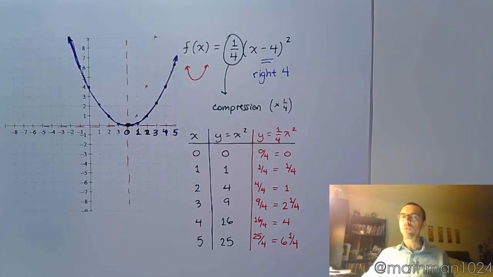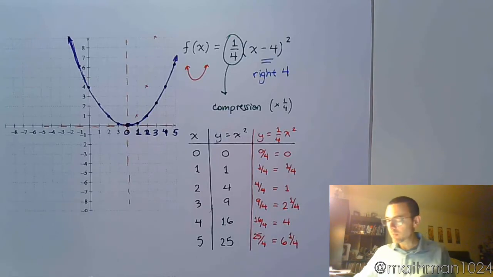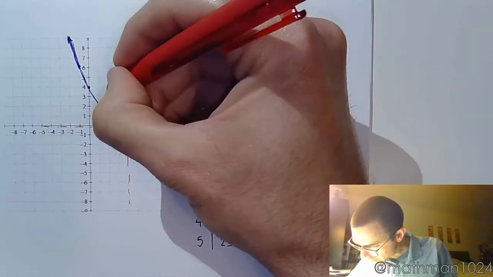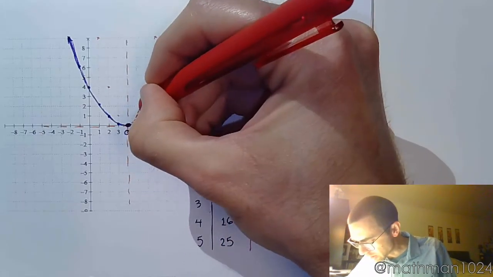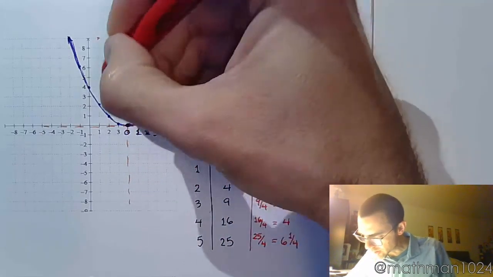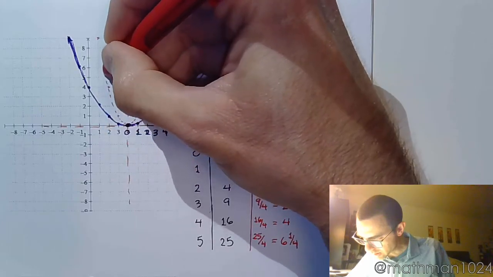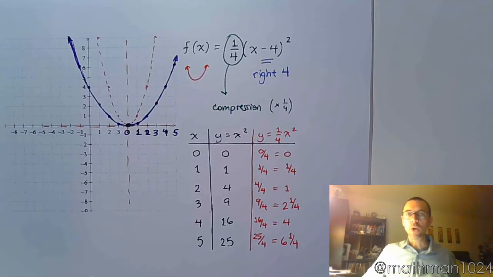So there we go. So the 1/4 was kind of tricky, but when you compare it to x squared without it, you can see how it is quite a bit compressed.